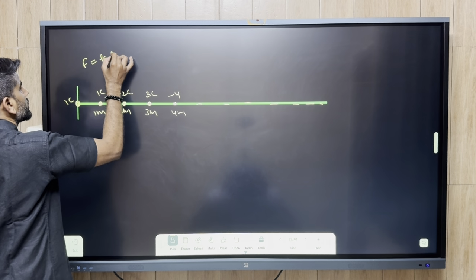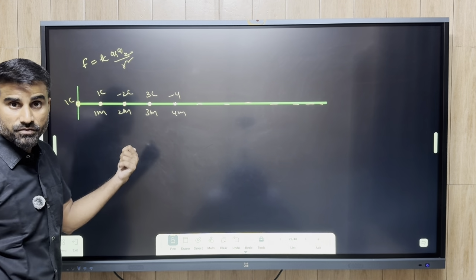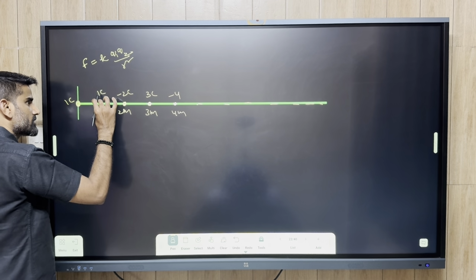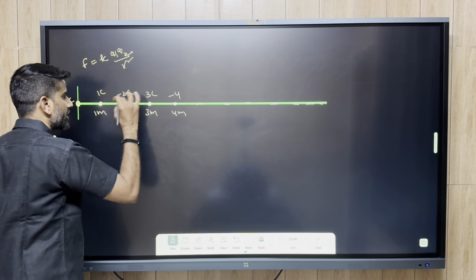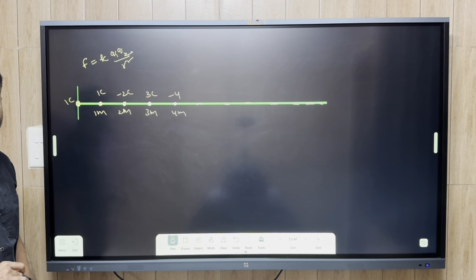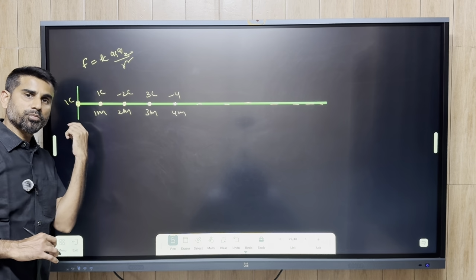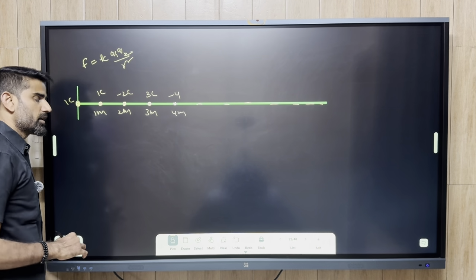Again, same thing, the force between the charges is k q1 q2 by r square. I am directly using the values here. Again, this charge is pushing this charge away, this charge is pulling it. So, towards left, toward right, right? All the leftward forces I am taking as positive, all the rightward forces as negative.